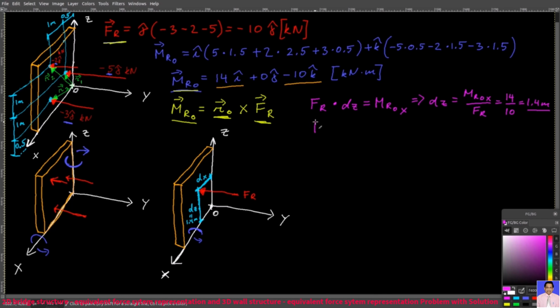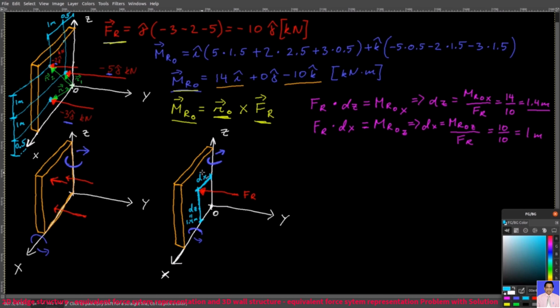And if I write FR times dx, well, that will give me a moment about the negative z-axis. So in the magnitude form, I'm just going to write here MROz, which is 10 kilonewton meters, and so dx equals MROz over FR, so you have 10 over 10, which is 1 meter.